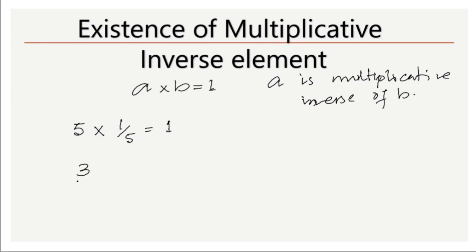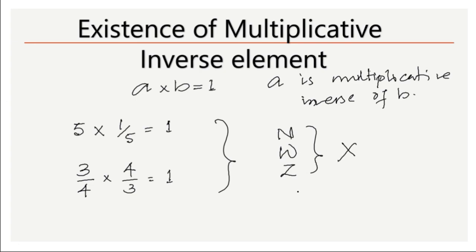If I have a number 3 by 4, I need to multiply 4 by 3, then the product becomes 1. So, in the set of natural numbers, whole numbers and integers, we do not have multiplicative inverse, whereas in the set of rational numbers, there is a multiplicative inverse.